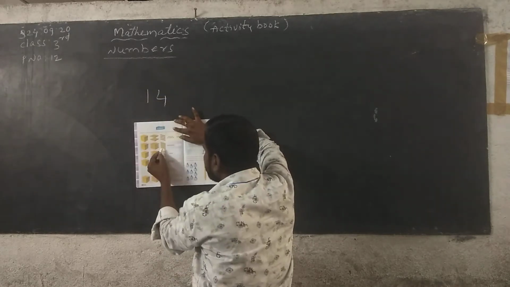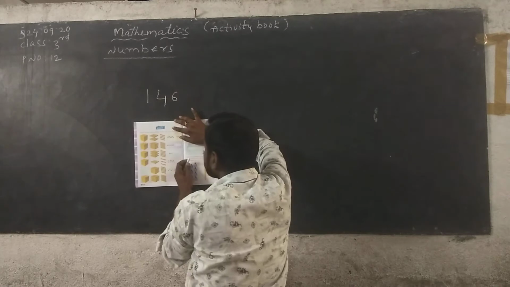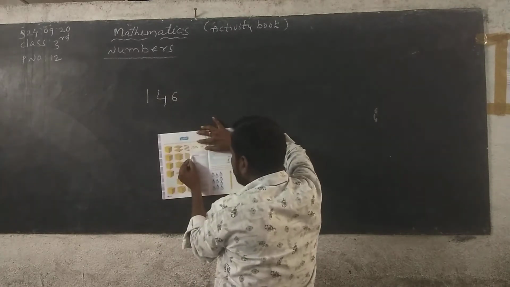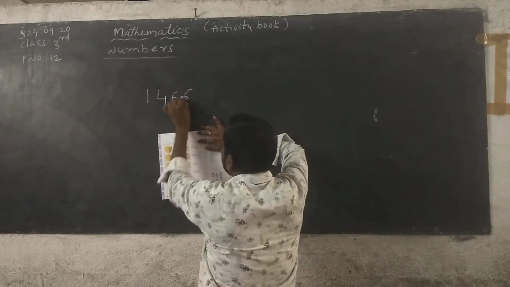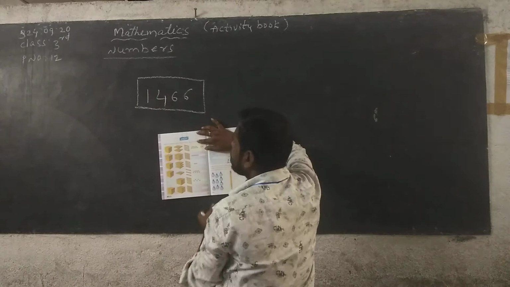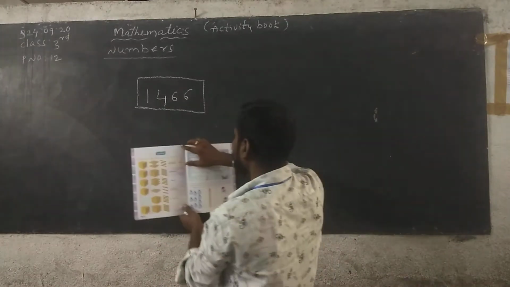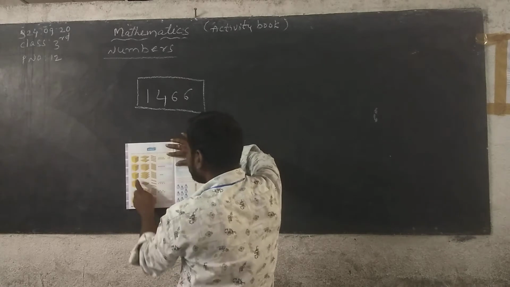Next here 1, 2, 3, 4, 5, 6. Next ones place 1, 2, 3, 4, 5, 6. So the number is 1466. Now we have to take the third one.